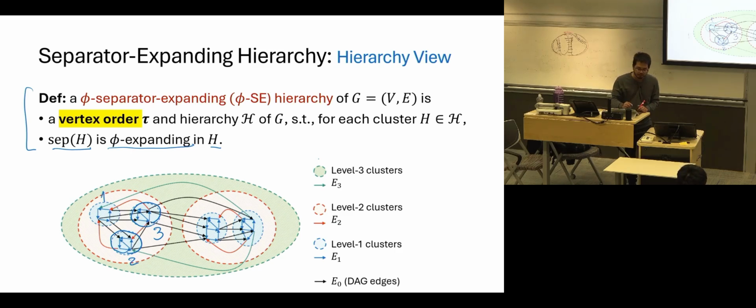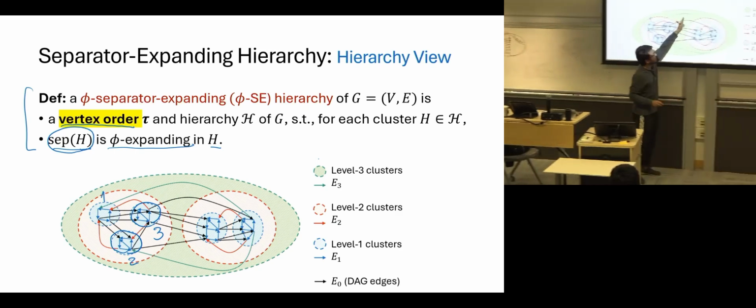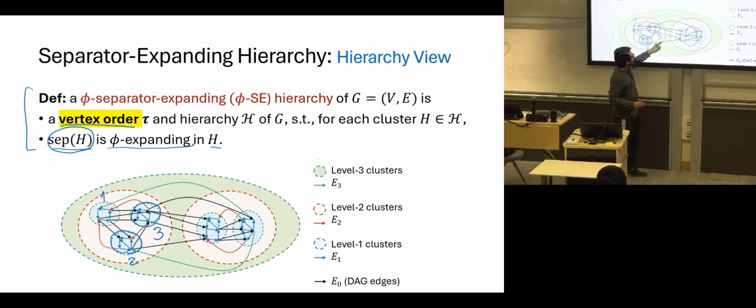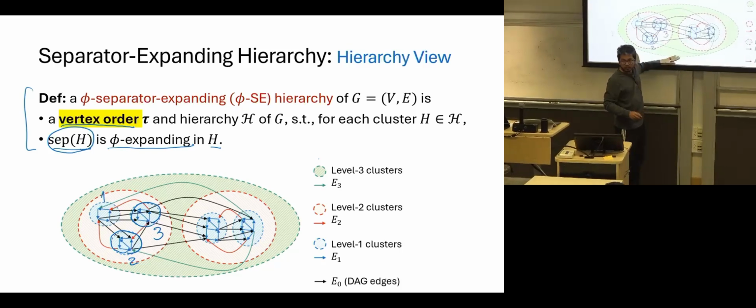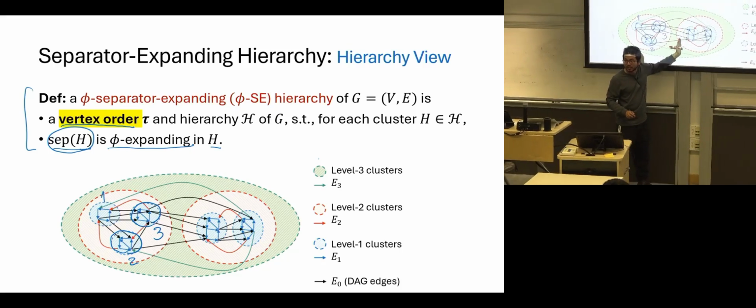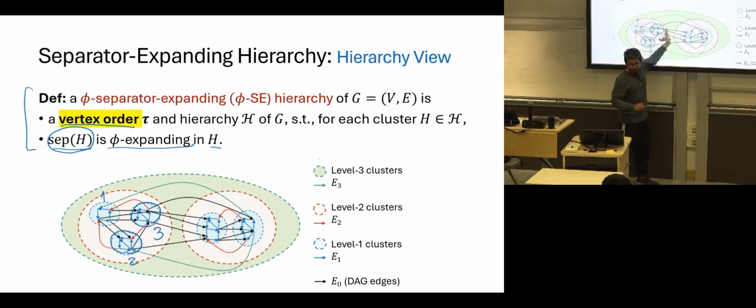I need the vertex order just so that I can define the separator. For example, if you look at the green components, there are a lot of black edges crossing these components, and there are many of them. They might not be expanding actually.